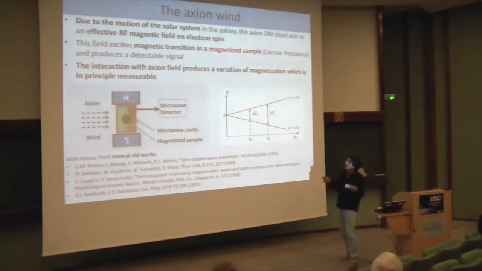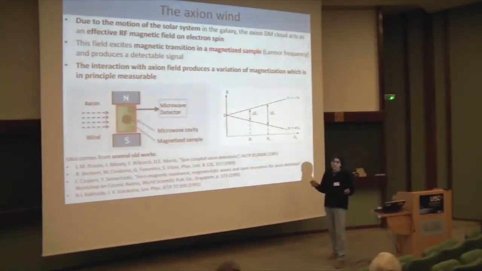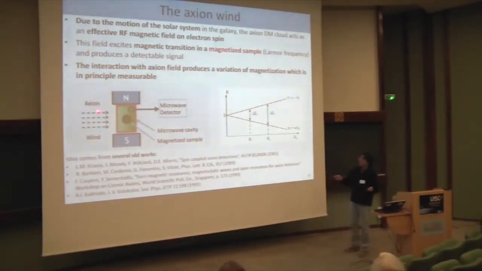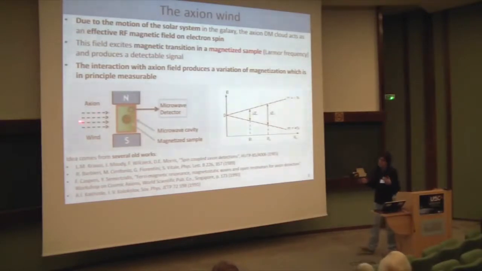It is just static. However, since the Earth with the solar system is moving through the dark matter halo, you will see a gradient of the axion field. And this is what we call an axion wind. So the axion is behaving like a wind, which is interacting with the electrons in the matter in the form of an effective magnetic field.